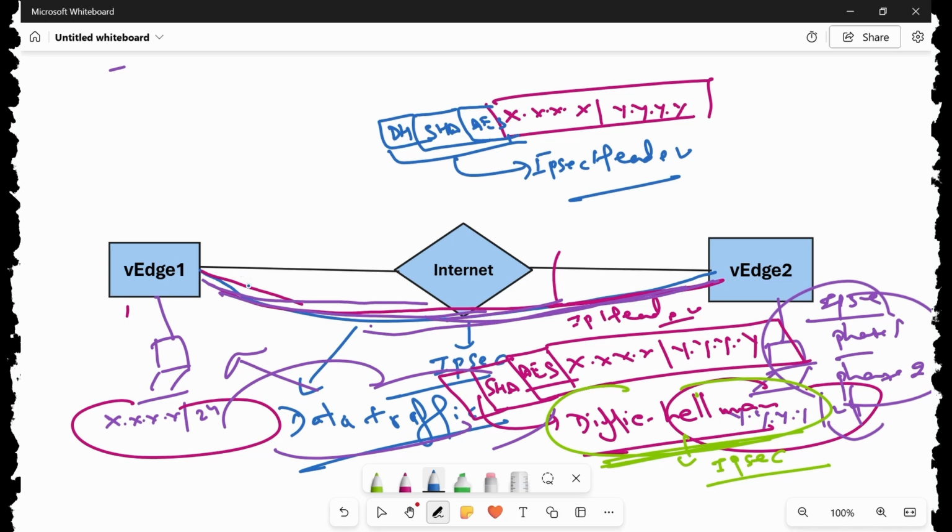So this IP header contains all this information.